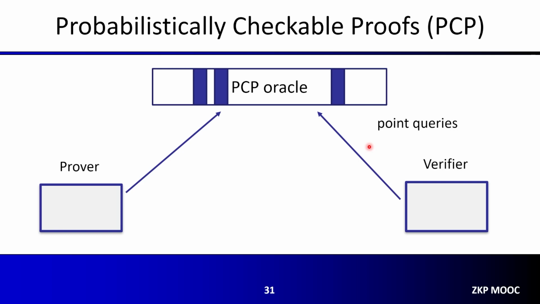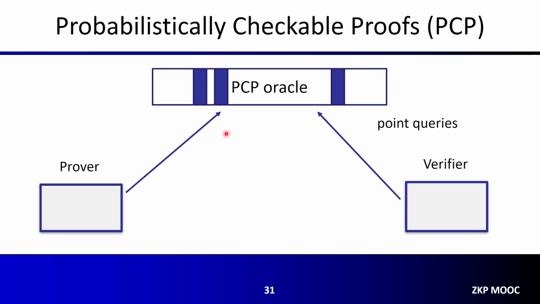And this was a big breakthrough in complexity theory, and then the early SNARK constructions of Kilian and Micali were based on this PCP model. Essentially, they compile the probabilistically checkable proofs into a real SNARK using Merkle trees on top of this PCP oracle.